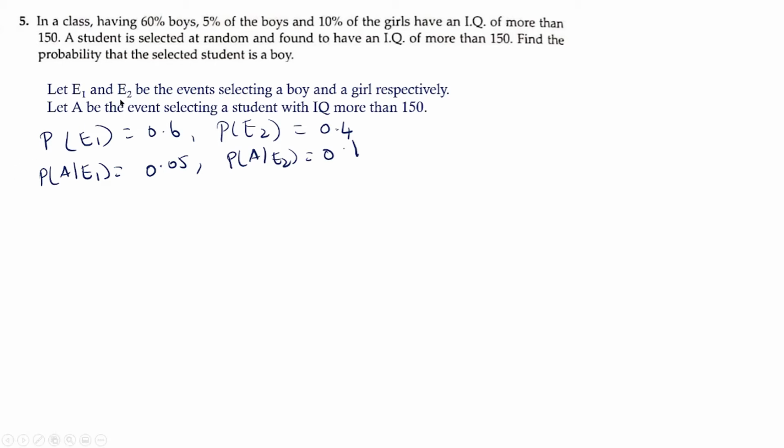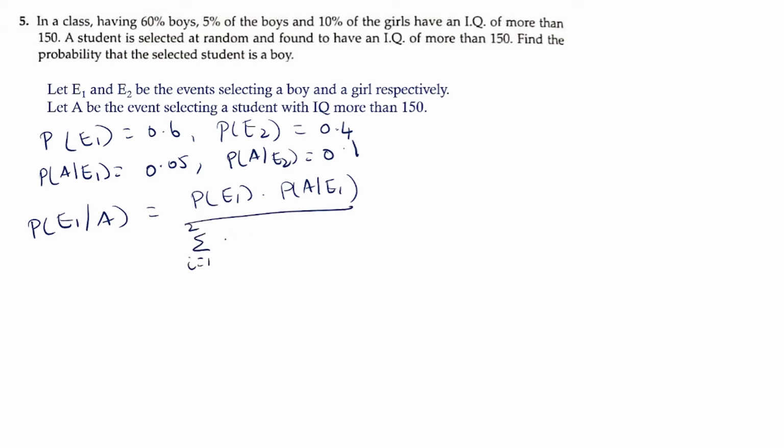Now we need to find the probability that the selected student is a boy. So we need to find probability of E1 given A. It is probability of E1 into probability of A given E1, upon summation i equal to 1 to 2 of probability of Ei into probability of A given Ei.